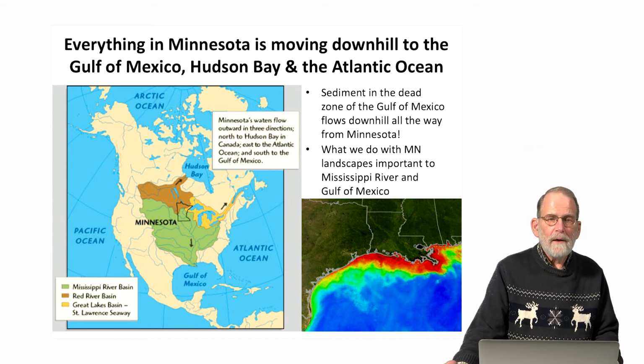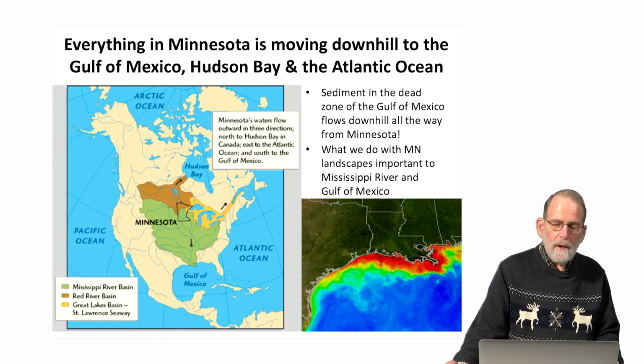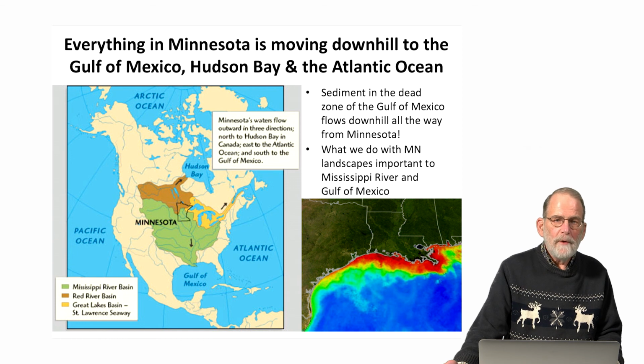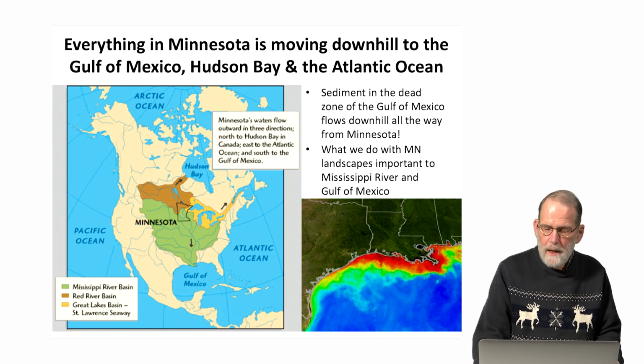But we also have sources that are moving to the north, through the Red River of the North towards Hudson Bay. And then we also have contaminants that are moving to the east and northeast through the Great Lakes chain and the St. Lawrence River system.